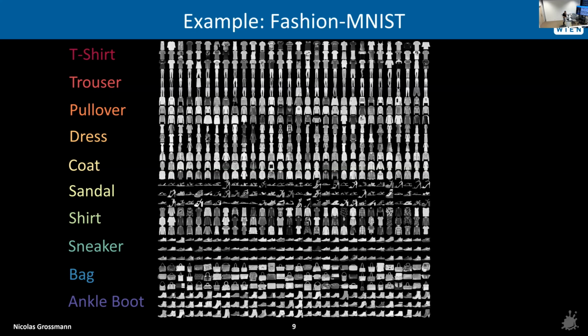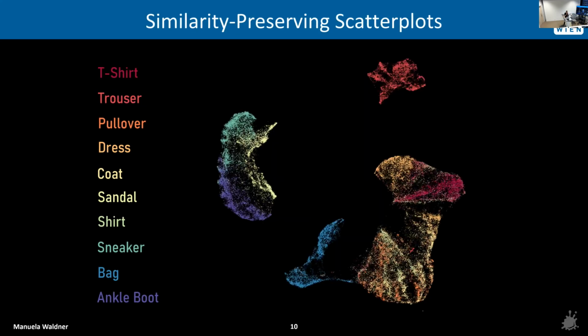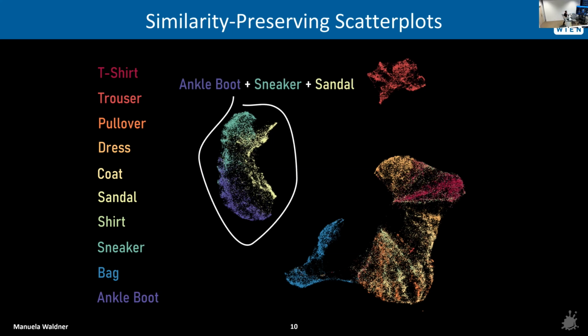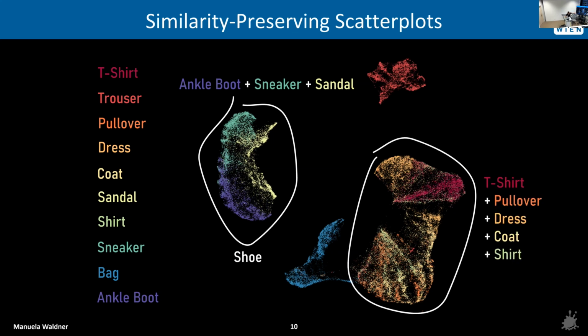And now if we would create such a projection with UMAP, that's one of the projection methods to create such a similarity preserving scatter plot, we can actually observe some very nice patterns here. Like here we have a cluster of 3 classes, which is ankle boots and sneakers and sandals, shoes. And here we have t-shirts and pullovers, dresses, coats and shirts, so tops. Here we have trousers, here we have bags.